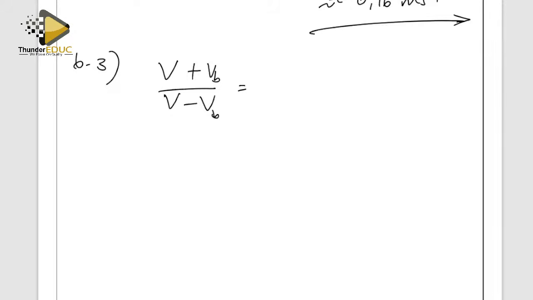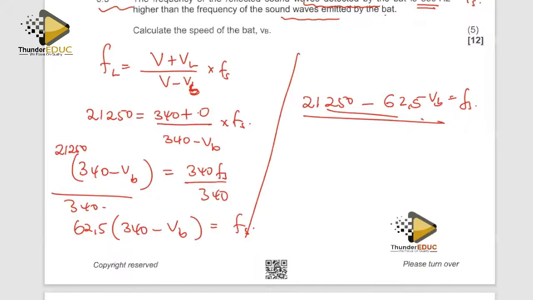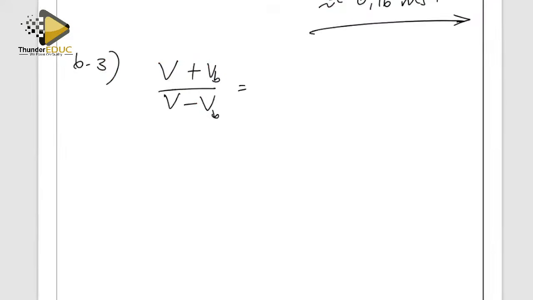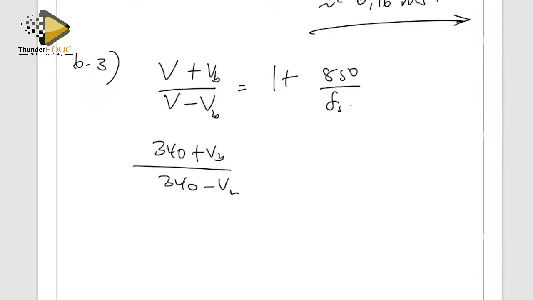I'll just put the simplified version of it, 1 plus 850 over Fs, technically. So when I substitute, I have (340 plus VB) over (340 minus VB) is equivalent to 1 plus 850 over Fs.